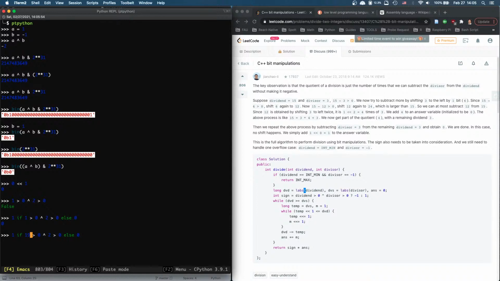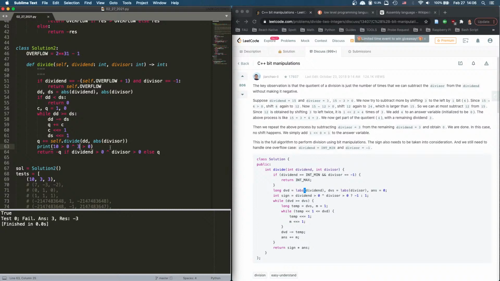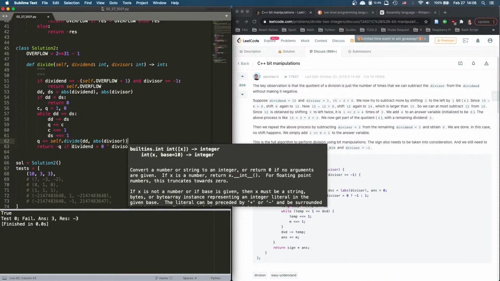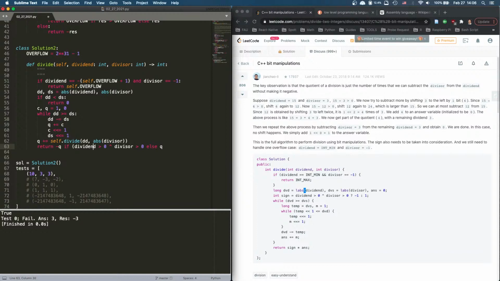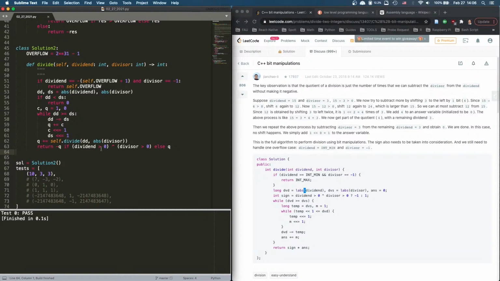What? 10? 3? Oh, I think I know. Precedence. I probably have to do parentheses here and parentheses here. Yeah. How is it possible? Why does this have the same precedence as these? Huh, I guess it's possible then.